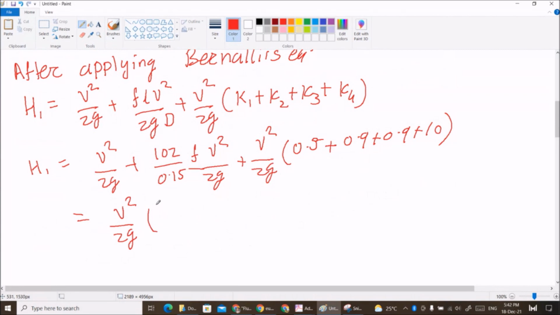I will simplify this: 680 f V square by 2g plus 12.3 V square by 2g, where 0.5 plus 0.9 plus 0.9 plus 10 is 12.3.